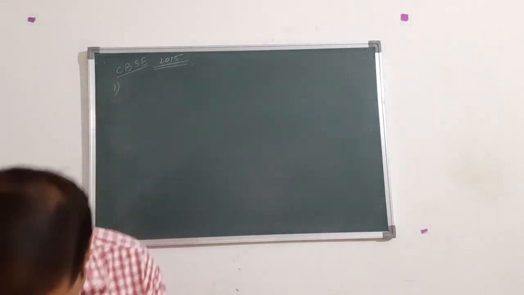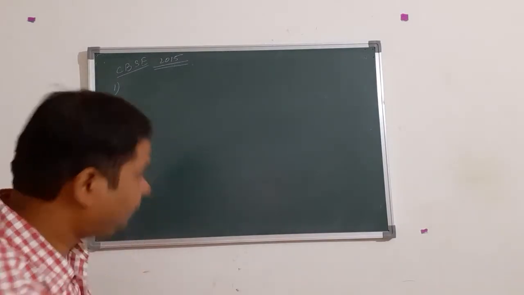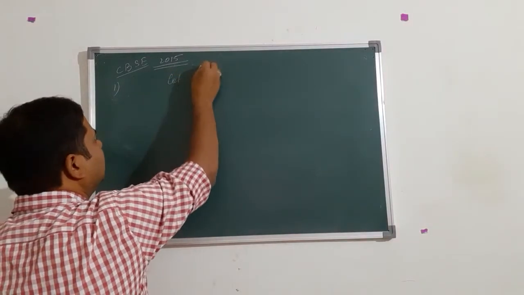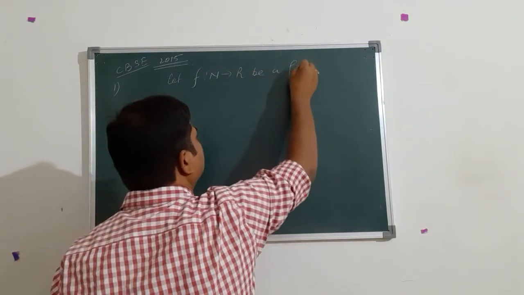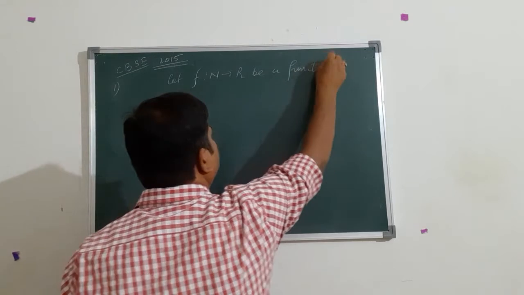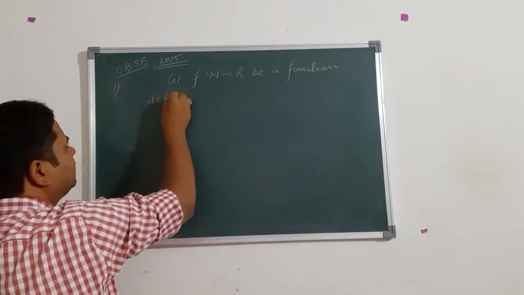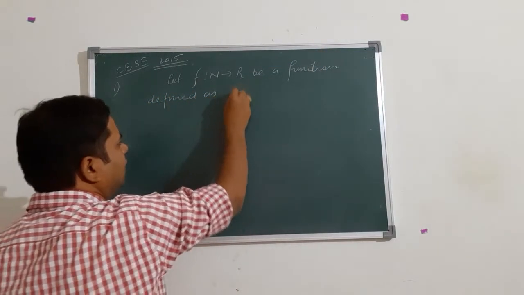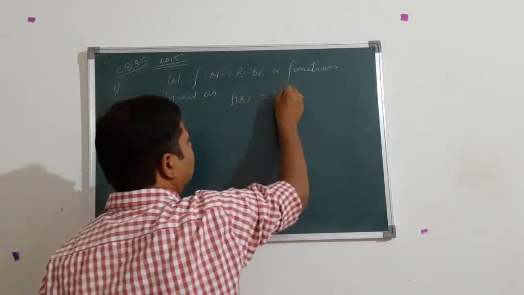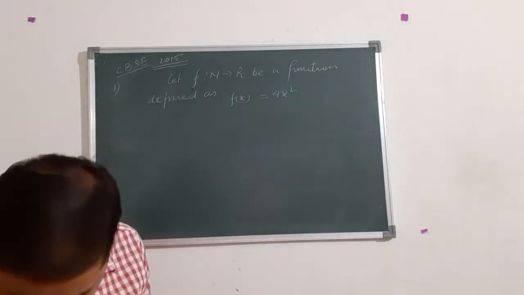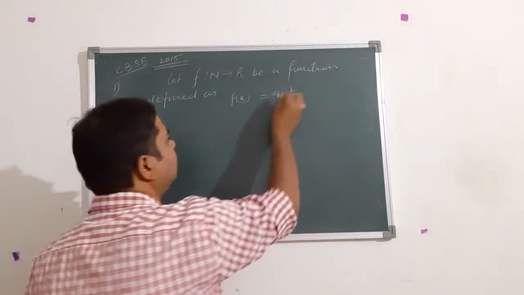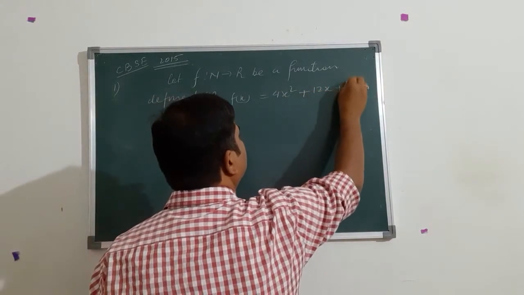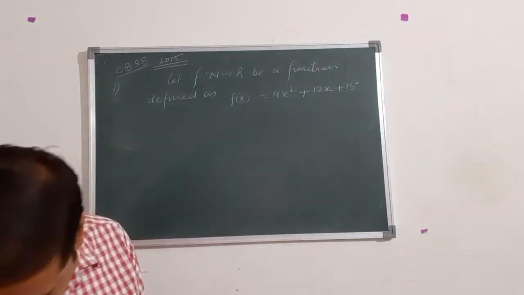Let f from N to R be a function defined as f(x) = 4x² + 12x + 15.